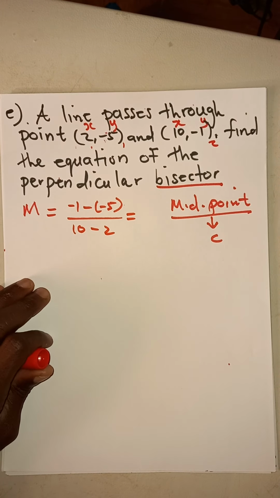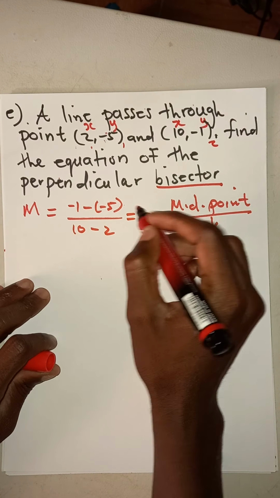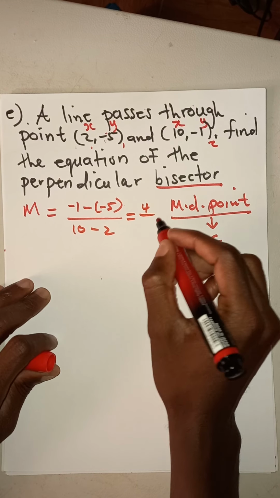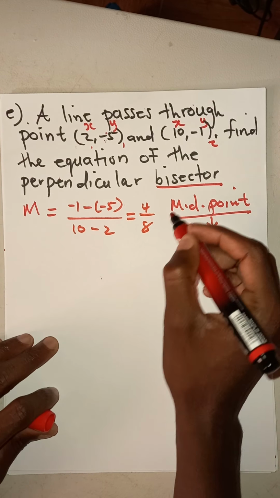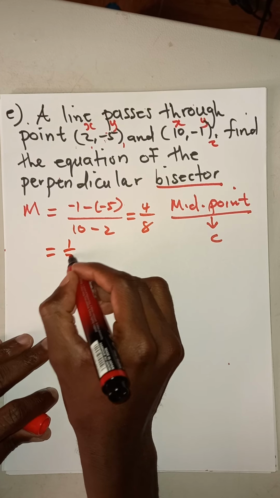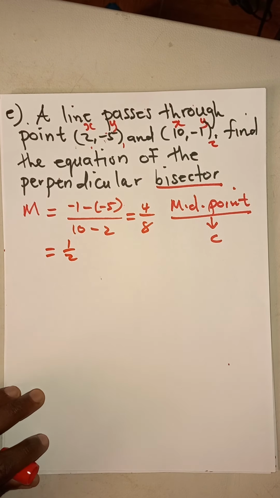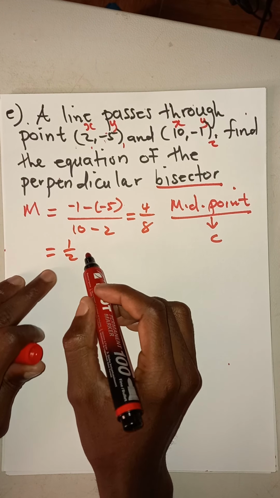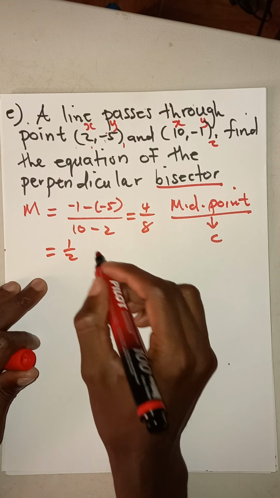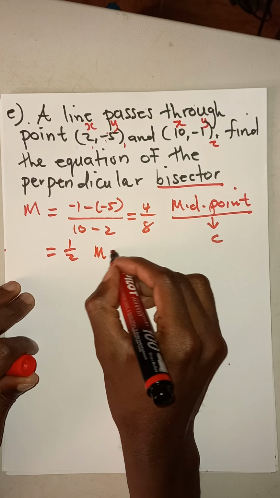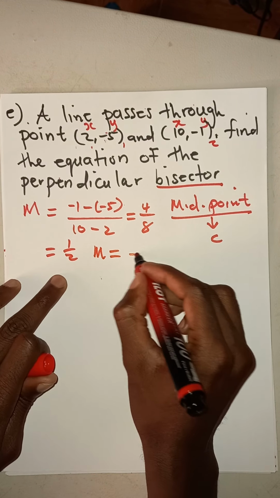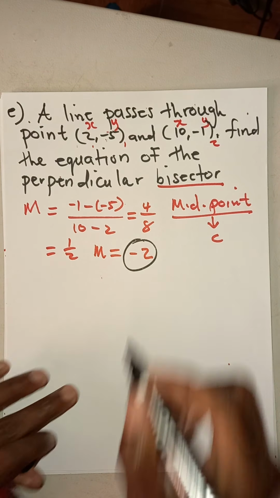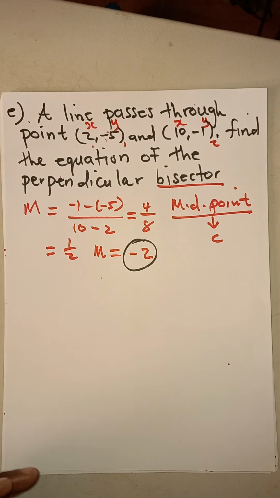If we subtract that, this is positive, it will give us +4 over 8, which equals a half. Now, if the gradient of this line is this one, then the gradient of the line that will be perpendicular to that one, we flip it, then that gradient will be equal to -2. Remember, we flip it and then we change the sign. Okay, we are done with that stage.